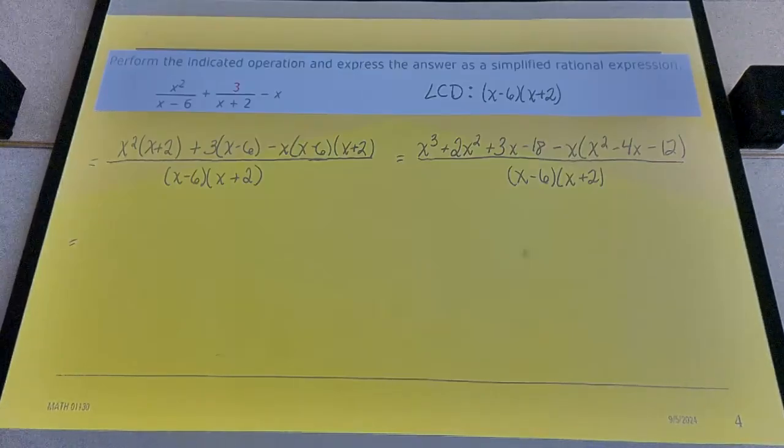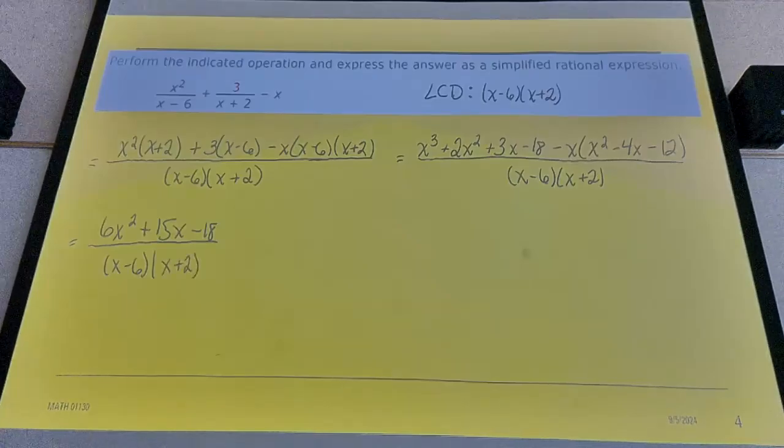Minus x cubed, they're gone. We're going to have a plus 4x squared plus 2x squared plus 12x plus 3x. Factor out a 3.